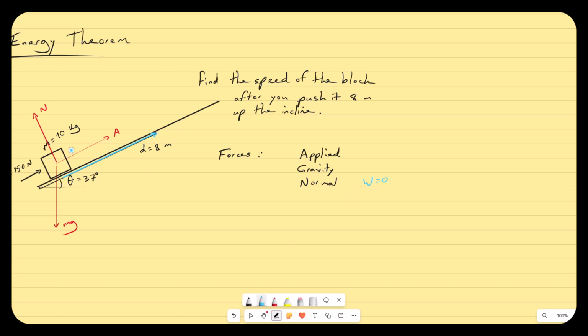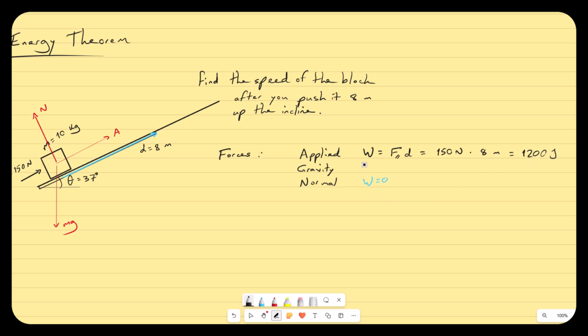It's perpendicular, there's no work done. The applied force, the work done by that one is going to be the parallel force times the displacement. The force is in the direction of the displacement, so it's just going to be 150 newtons multiplied by 8 meters. And that's 1,200 joules.